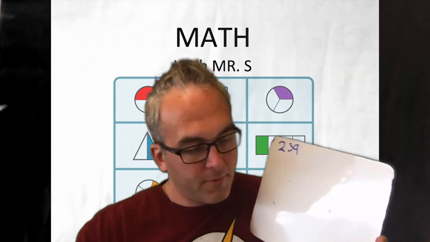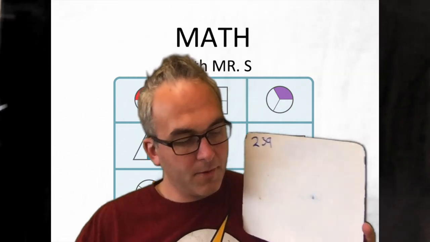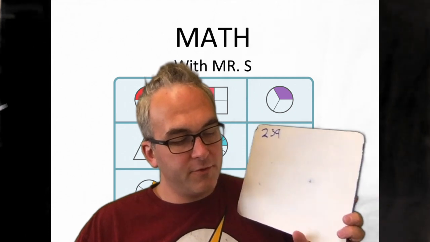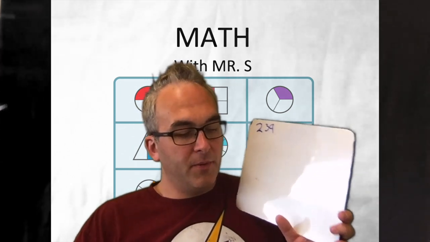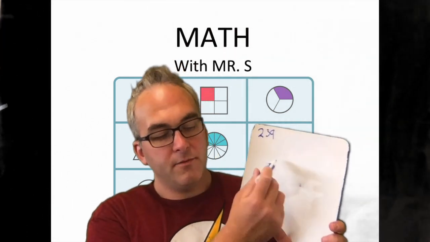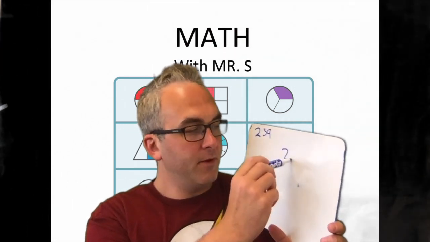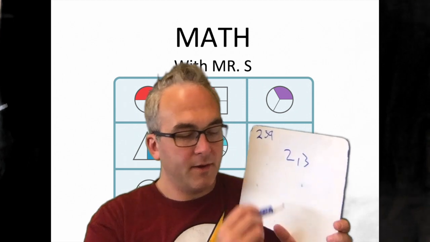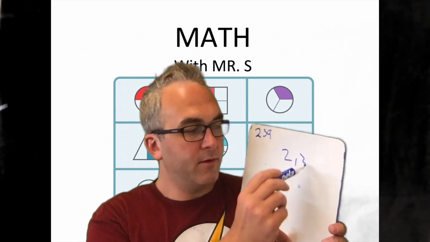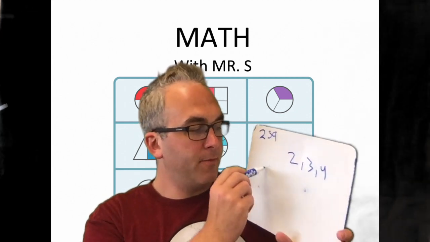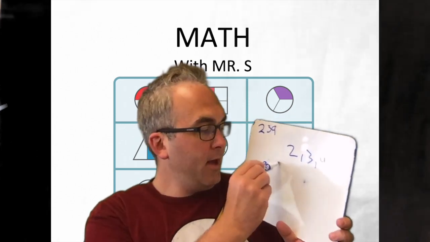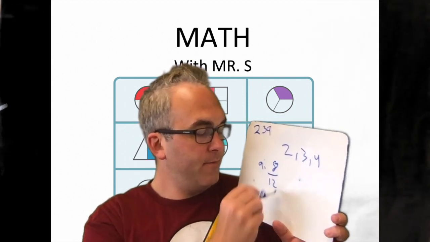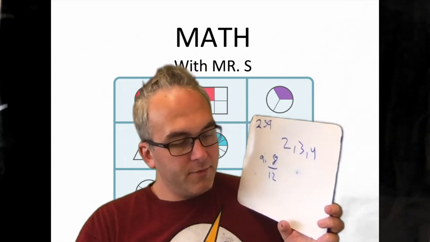Okay, number 4. Now we're going to try and just reduce the fraction to its lowest terms. So we went easy from number 2, semi-easy on number 3, which was a little harder. Now we're on number 4. Number 4a, we have 8 over 12.